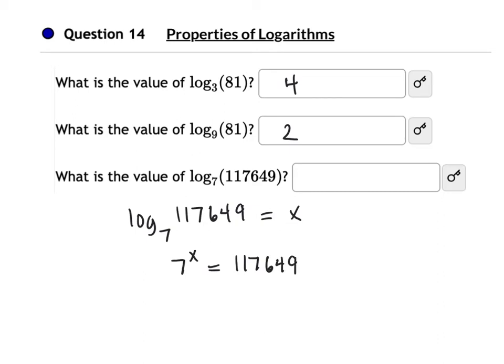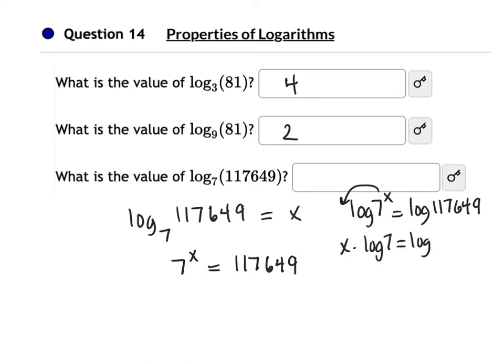Take the logarithm of both sides. The log of 7 to the x is the log of 117,649. Bring this down. X times the log of 7 is the log of 117,649. And divide by the log of 7.